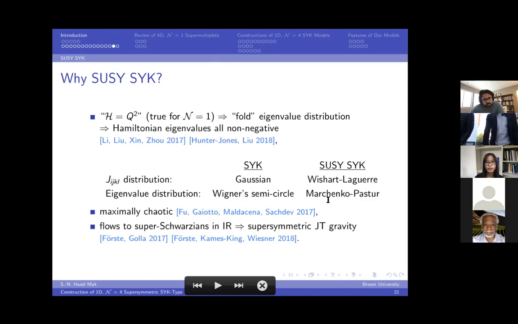Sorry, quick question. The Wigner semicircle is not exact for SYK, right? Maybe for q equals 2 or something it's true, but it's not really. Yeah, well, it's a discrete distribution, so it looks like Wigner's semicircle when you go to large N. But if your N is small, then there is some deviation, I guess.